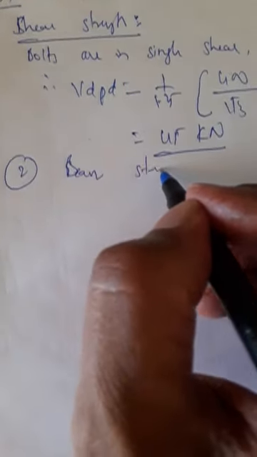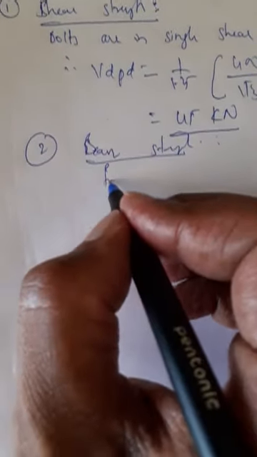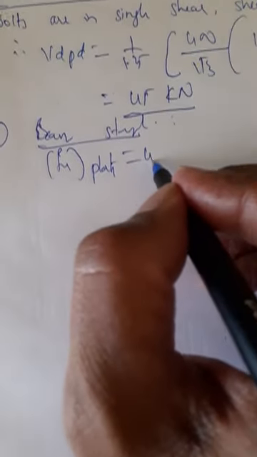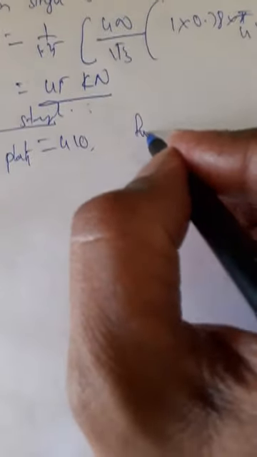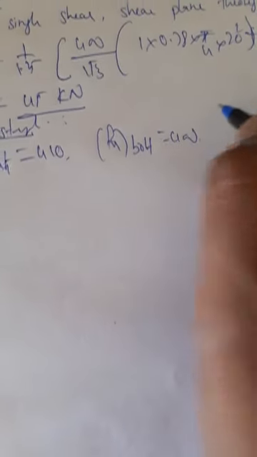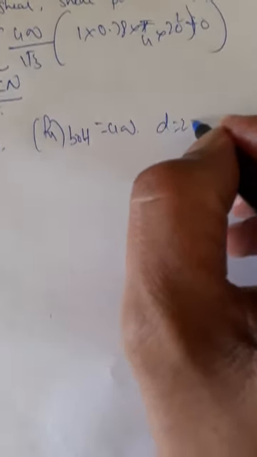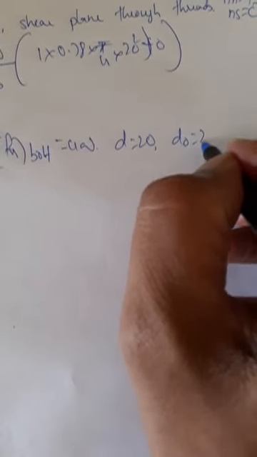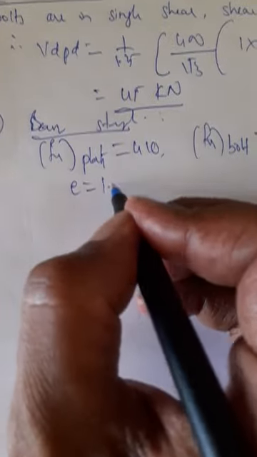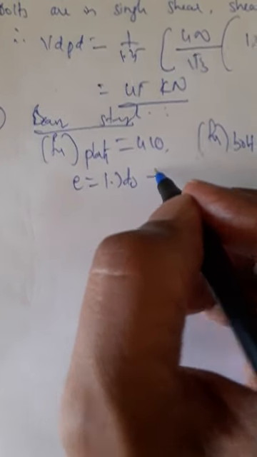Second case, bearing strength. To find bearing strength, first find out FU for plate 410, FU for bolt 400, D is 20, D naught is 22. So first finalize edge distance 1.7 D naught.